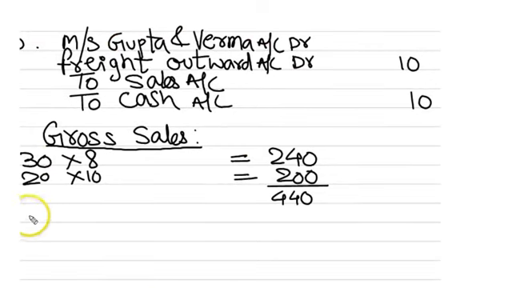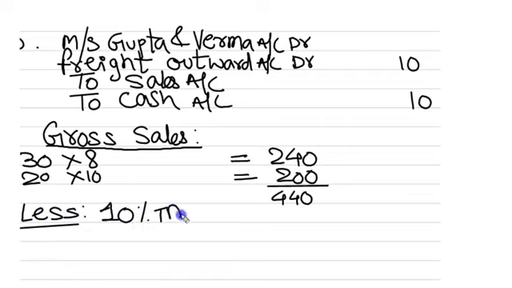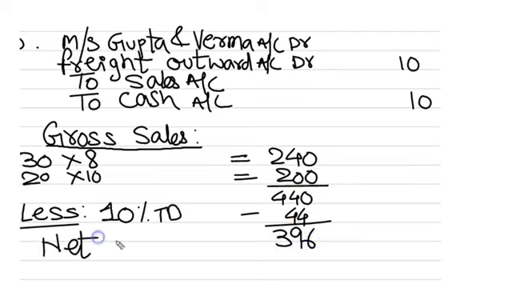So from this I will deduct 10% trade discount. 10% trade discount will be 44 rupees. So this works out to 396. This will be the amount of net sales, and I have to recover 396 from Gupta, Verma and Company.